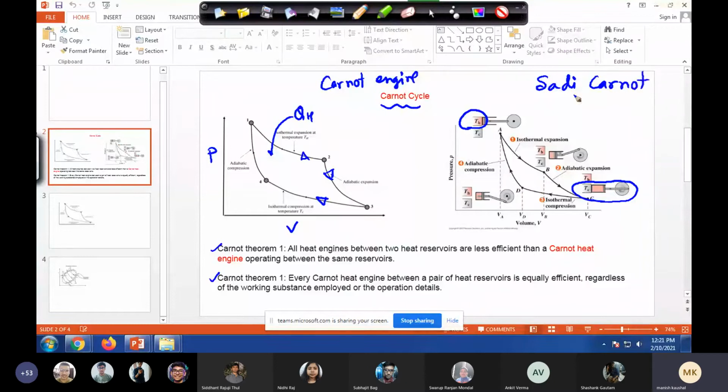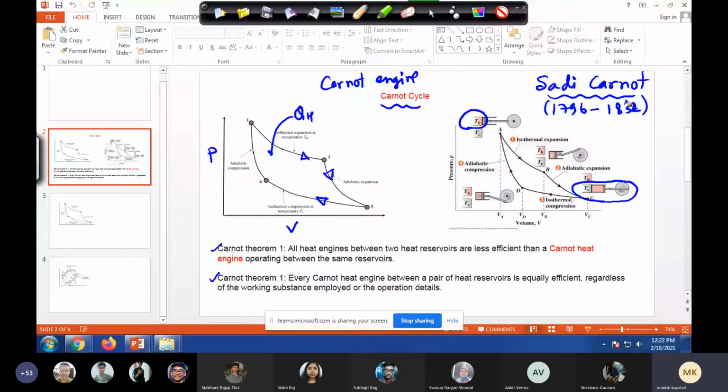He made an incomparable contribution to thermodynamics. His years were 1796 to 1832.